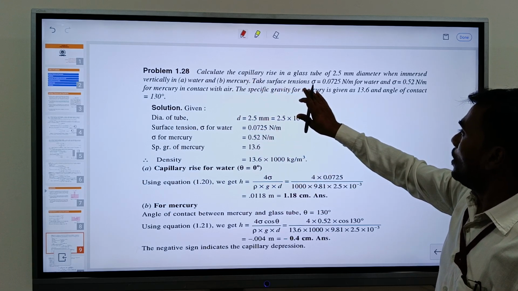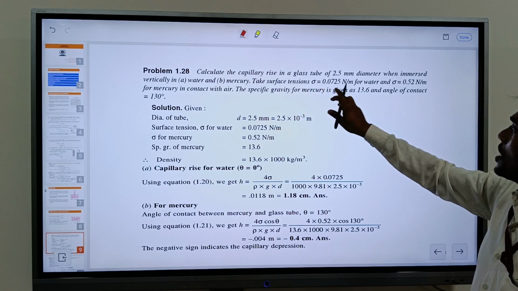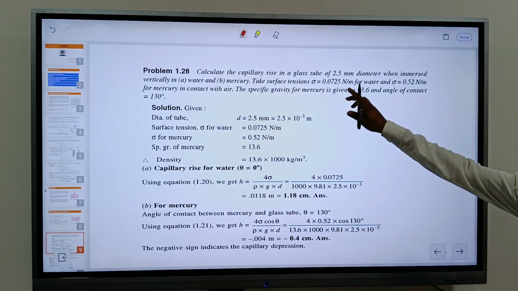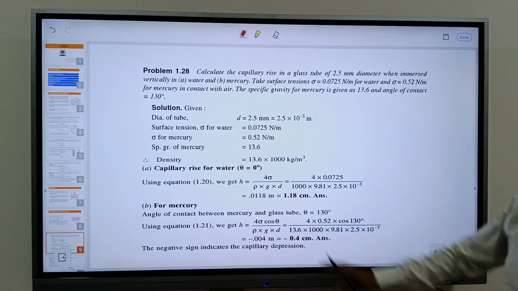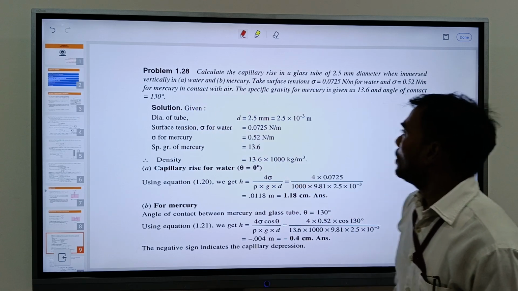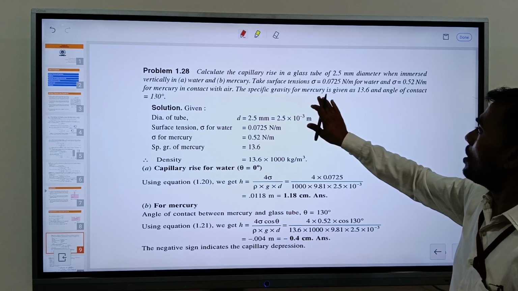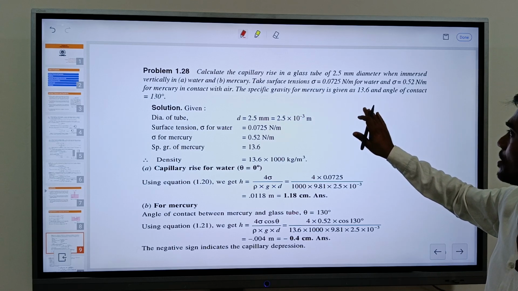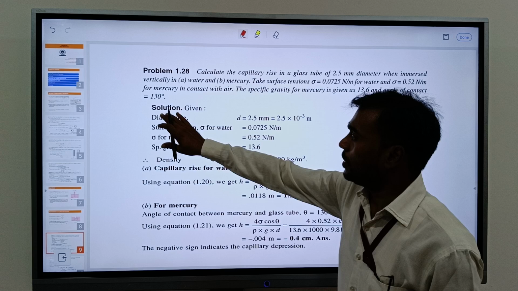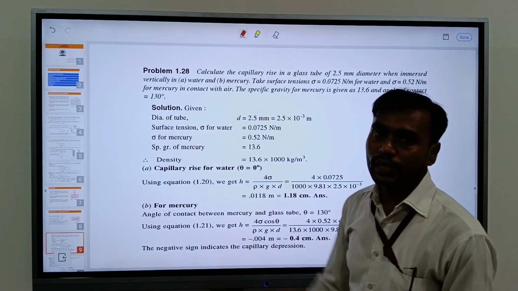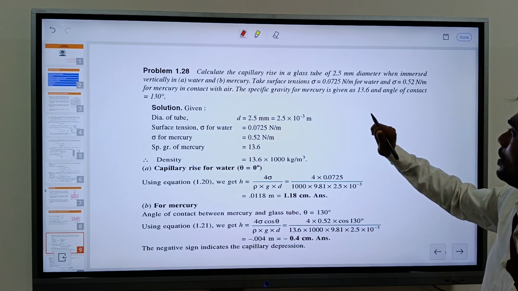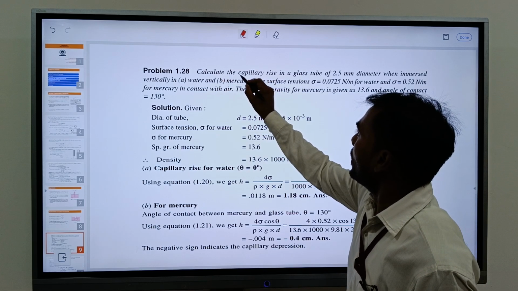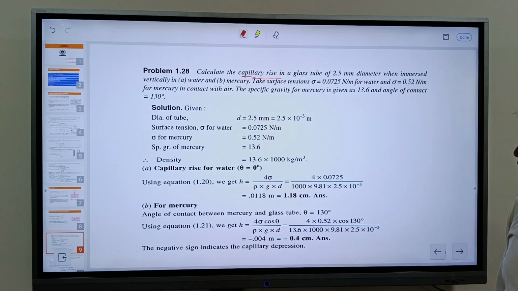Take surface tension sigma equal to 0.0725 Newton per meter for water and sigma equal to 0.5 Newton per meter for mercury in contact with air. The specific gravity for mercury is given as 13.6 and the angle of contact, that is theta, is already given as 130 degrees. So what are the required parameters to be calculated here? Calculate the capillary length.